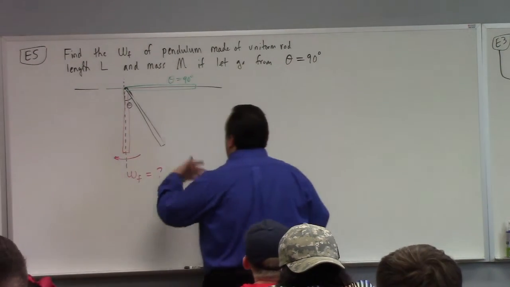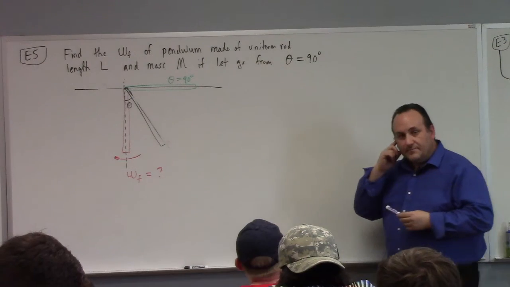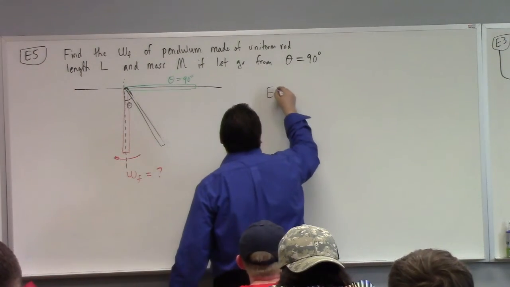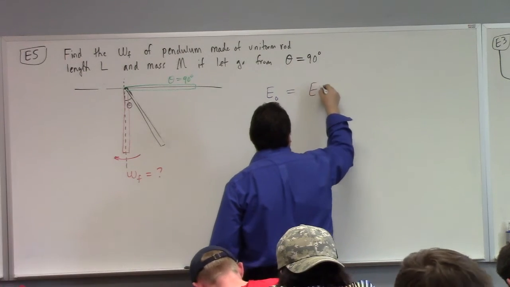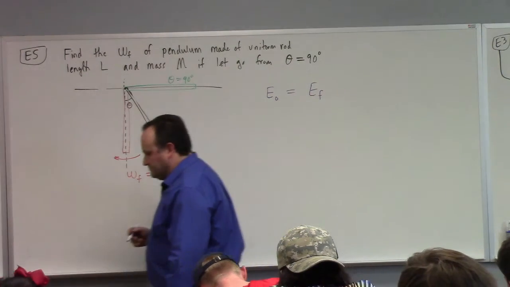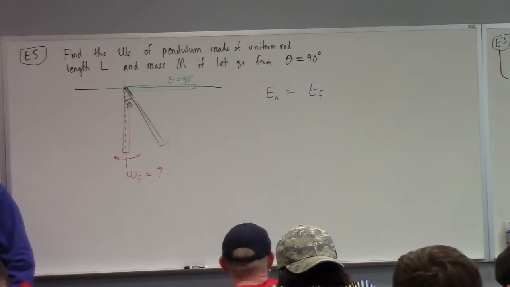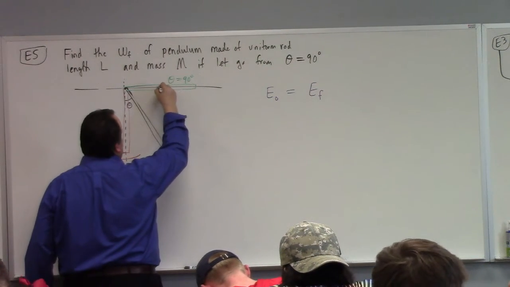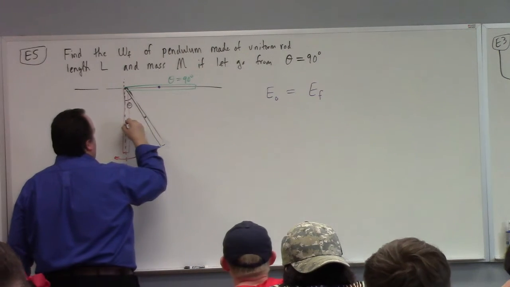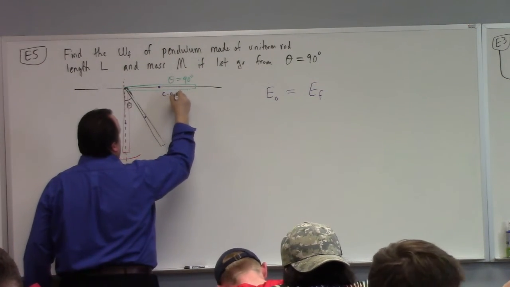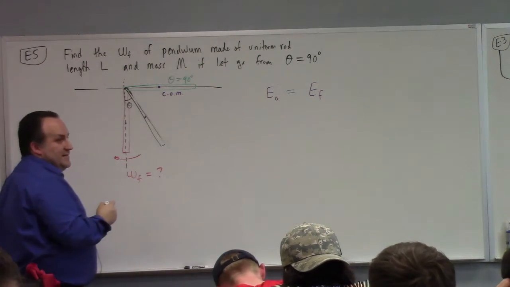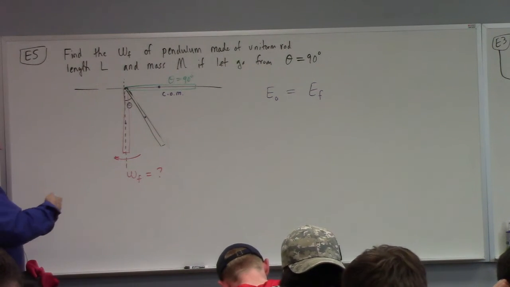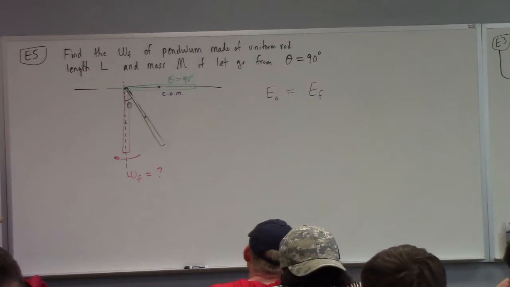But the thing to do here is to conserve energy, right? So what's the story? Energy initially is equal to energy finally. And so we need to think about the center of mass in this situation, all right? So let's let y be where the center of mass is.